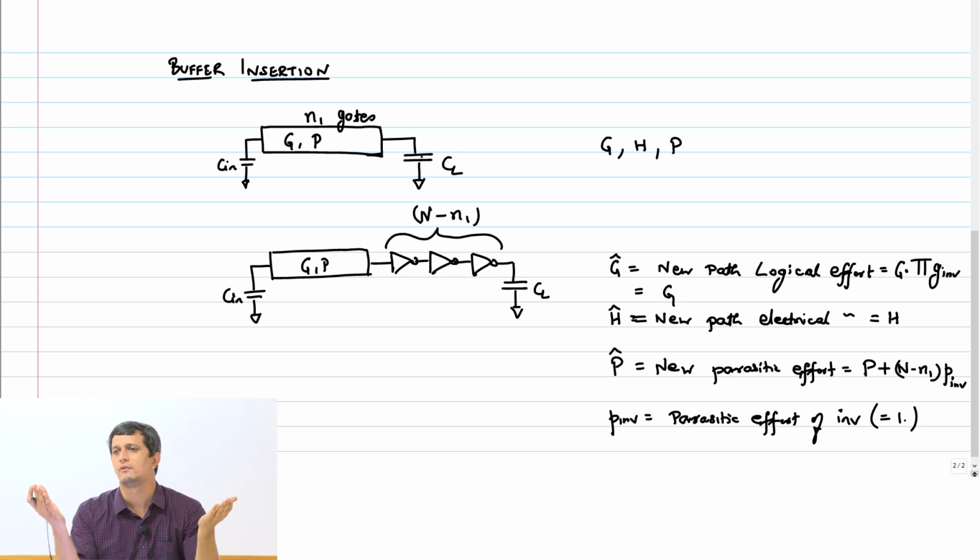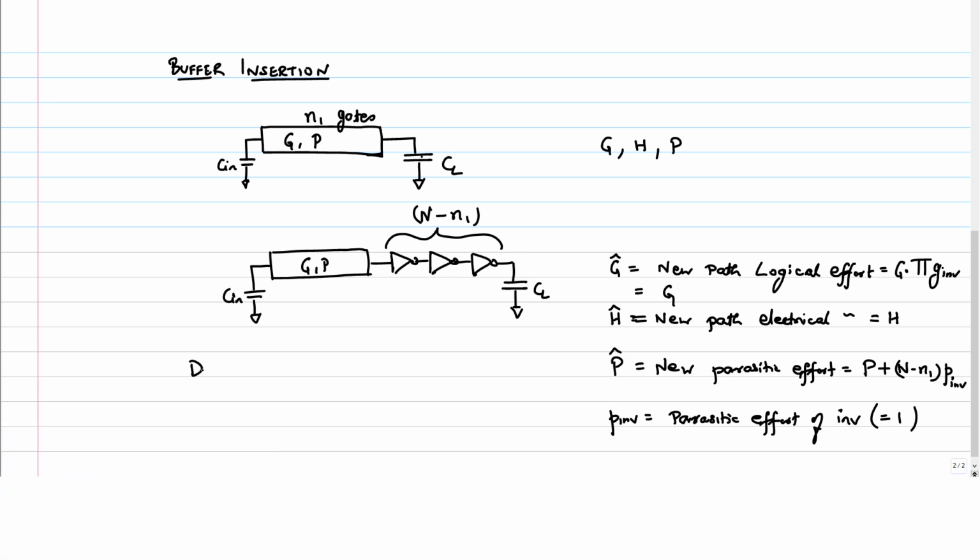So if I now have a total number of N gates, what's the minimum delay that is achievable in this circuit? The D min is simply going to be N into g hat into h hat power 1 by N, plus the parasitic effort of the entire circuit. What is that? That is P plus N minus n1 into P inv.